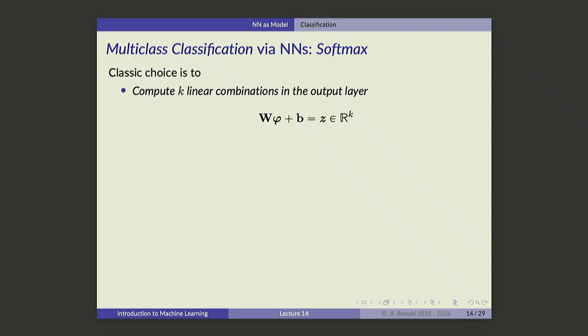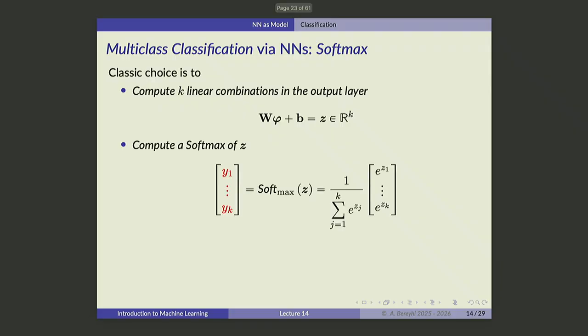Now, next thing, the Z values, even though you have K different scores, for instance, K different values for your K different classes, they are not yet describing a distribution, right? They could be very positive, very negative, right? You want them to be between 0 and 1 and add up to 1. And the way that you can do it, you can use this operation softmax. Now, how does the softmax work?